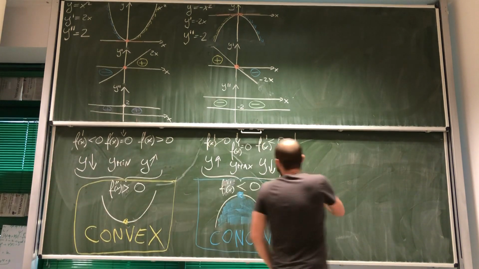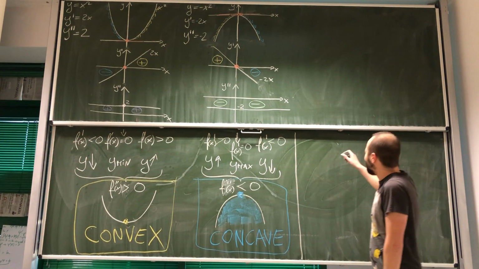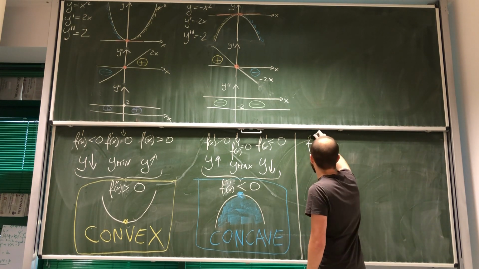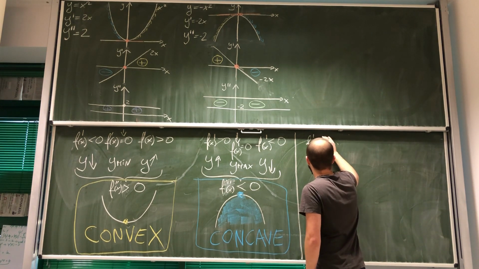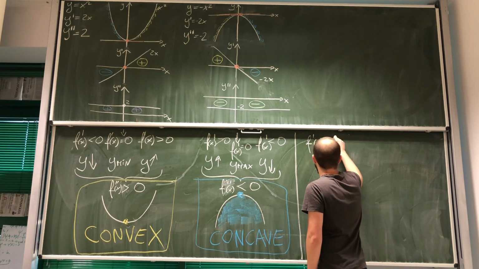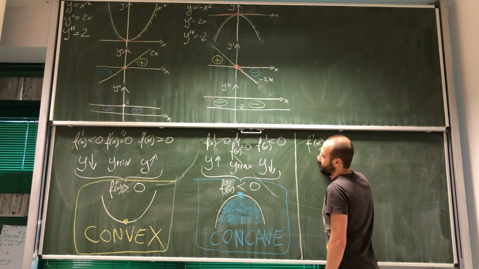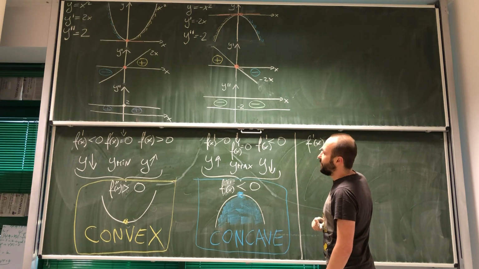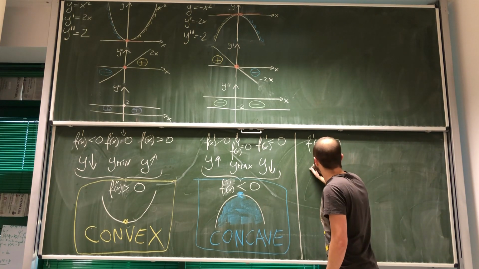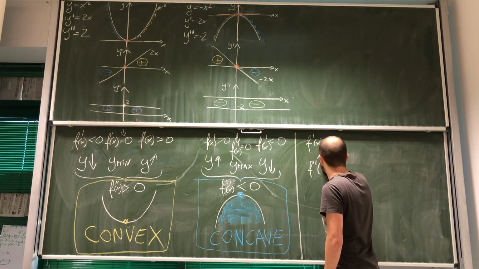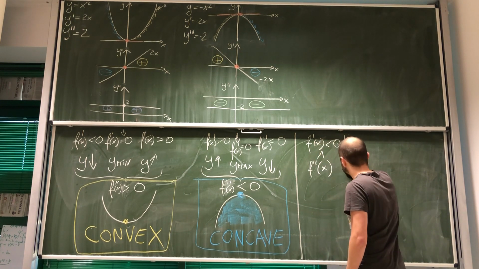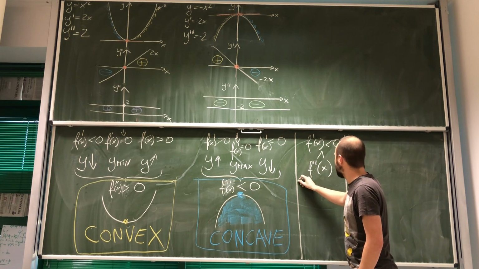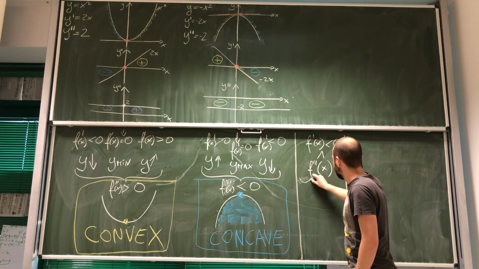Because, look, if we've got first derivative that is negative and a second derivative that is positive, what do we get out of this?